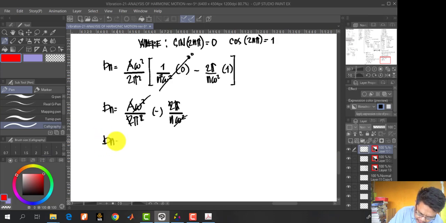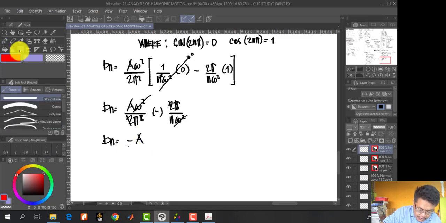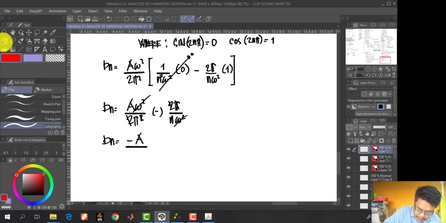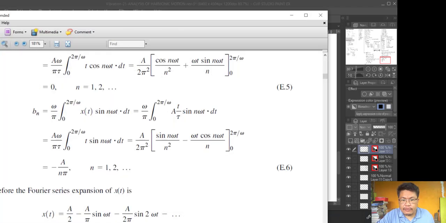So what is left? We have b sub n is equal to negative amplitude, all over n pi. Let me check that one. Again, let's flash the solution from the book.